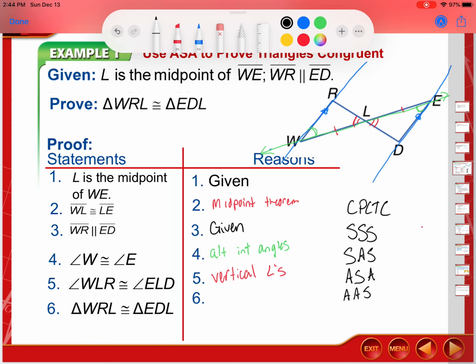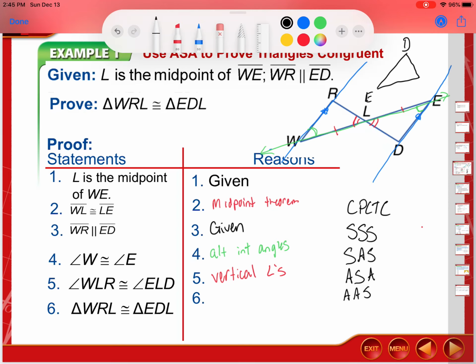So now I have to look at my triangles and see which ones we have here. So personally, this is just personal preference, but it's up to you. I like to go up here to the top, and I want to draw this triangle EDL so that it matches WRL.